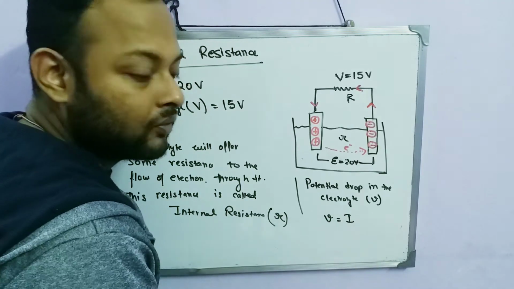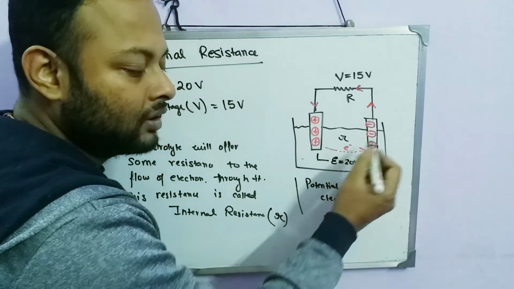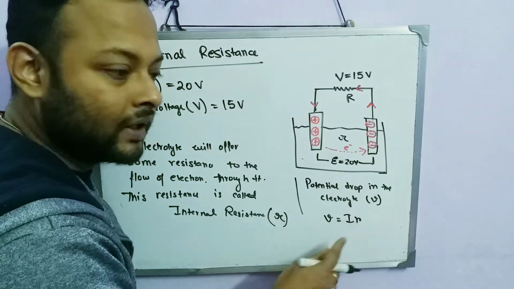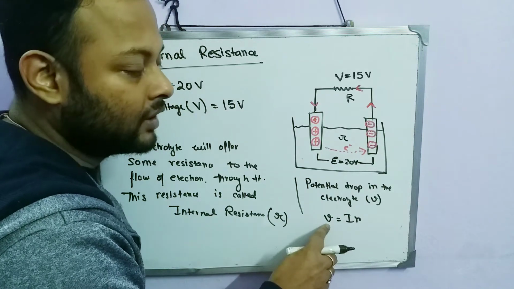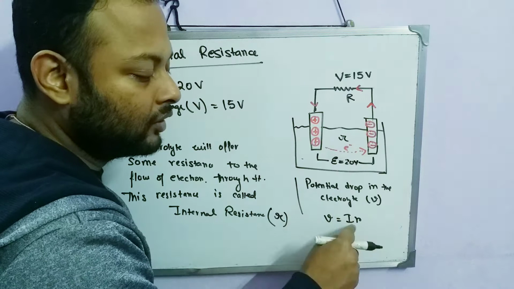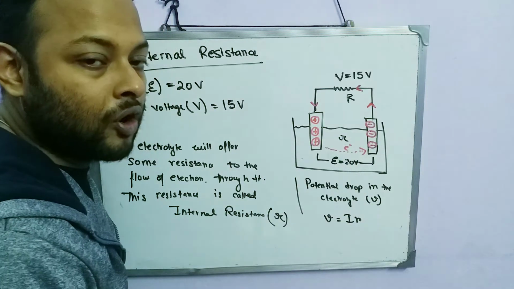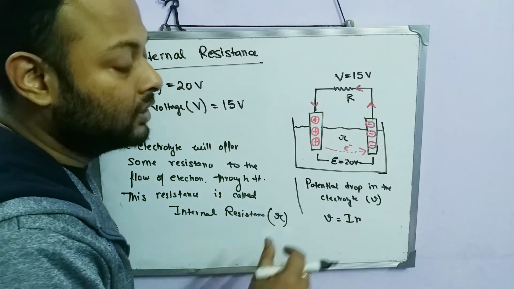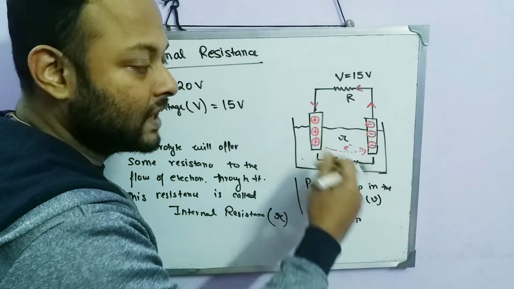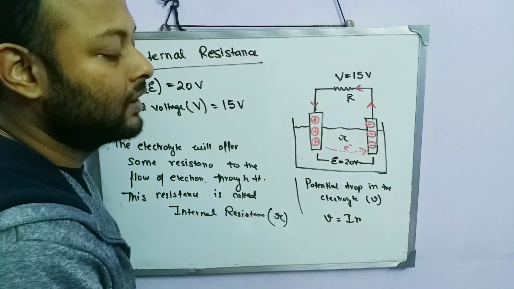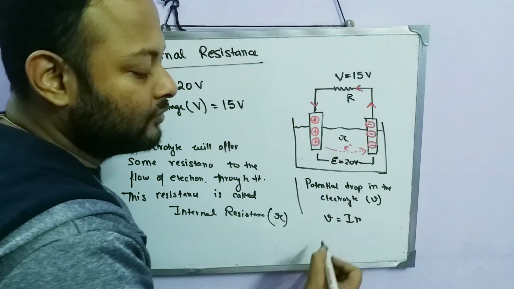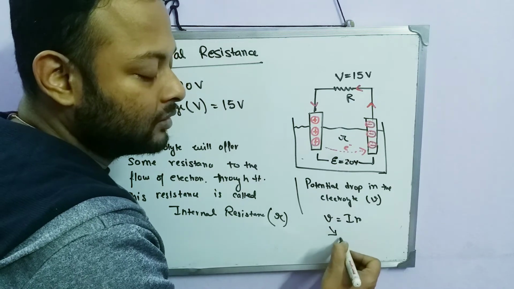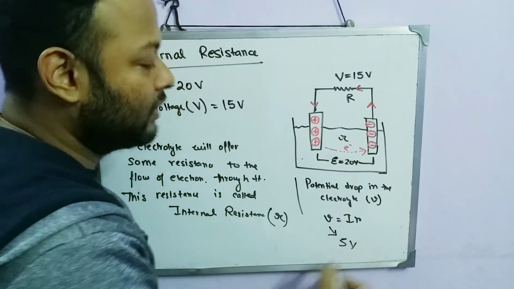Whatever current is flowing into the internal resistance, Ohm's law, v is equal to Ir. So the potential drop is equal to the current flowing into the resistance of the electrolyte. Now this potential drop inside the electrolyte is equal to 5 volt.